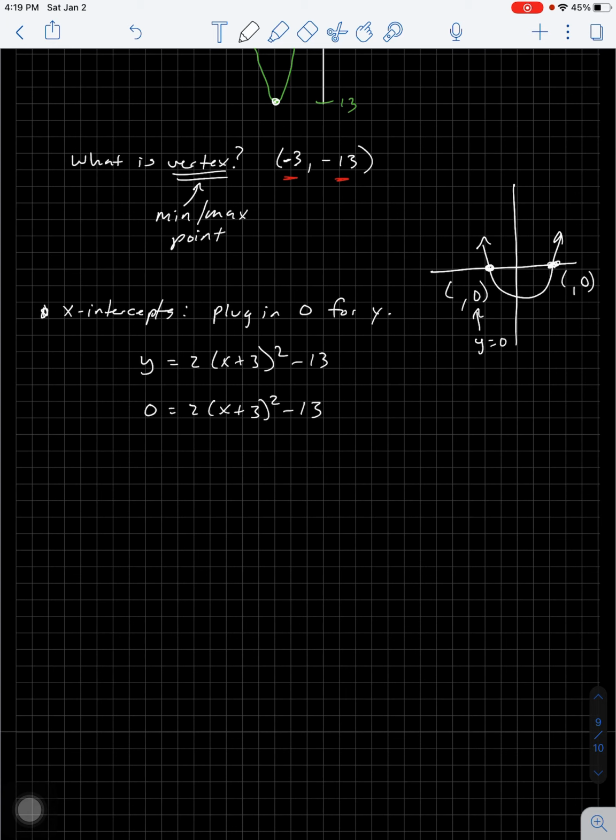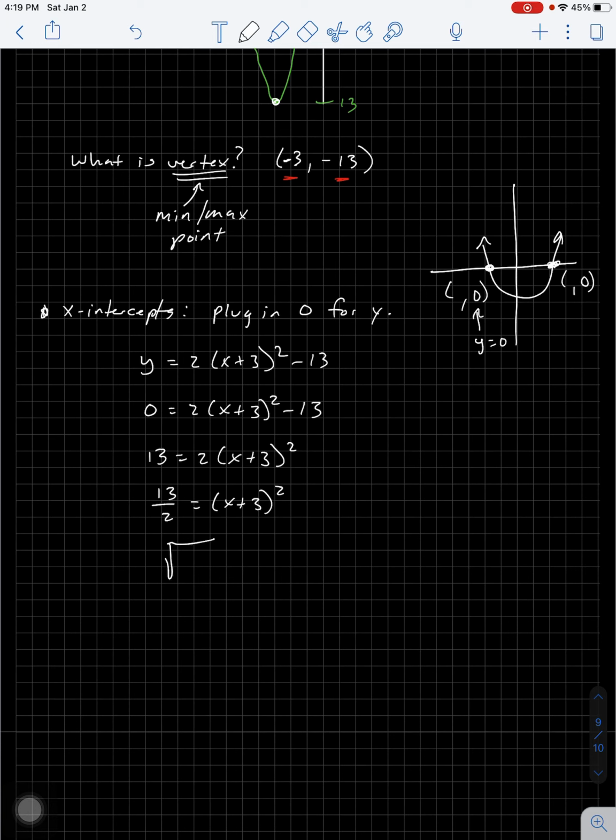I'm going to want these answers in exact form. So you can calculate these on Class Calc to estimate your answers and tap on the x-intercepts to check, but I want them written in exact form. So I'm going to add over the 13, divide by the 2, and then I square root both sides.